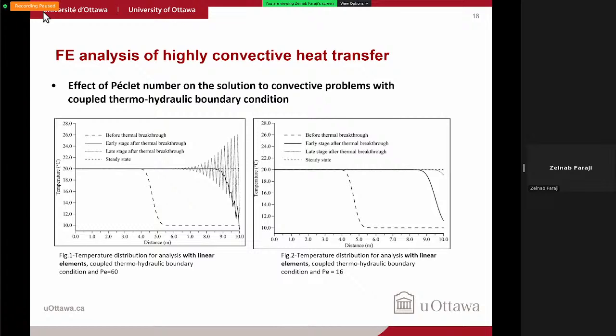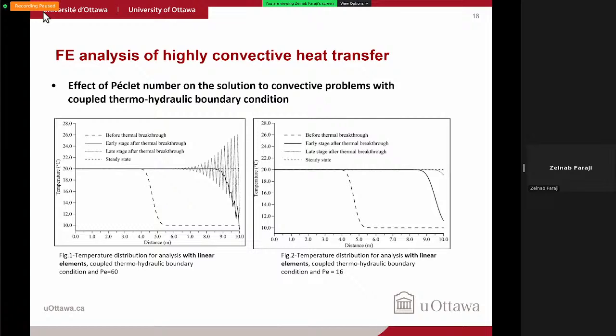However, shortly after the heat front reached the right-hand side of the boundary, small oscillations started.